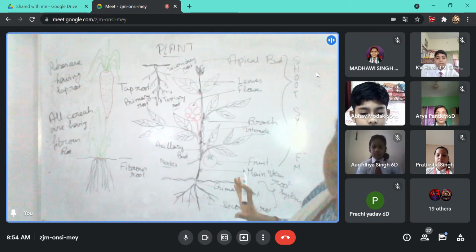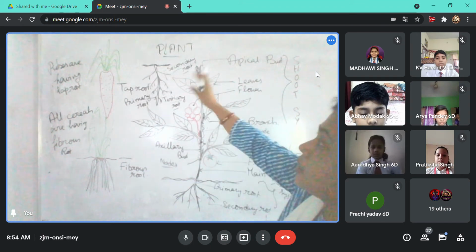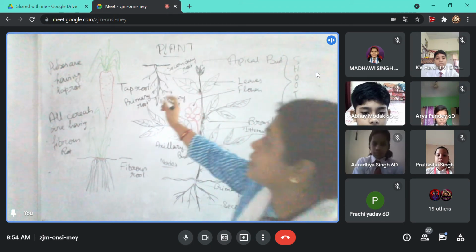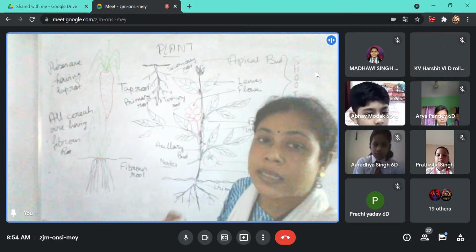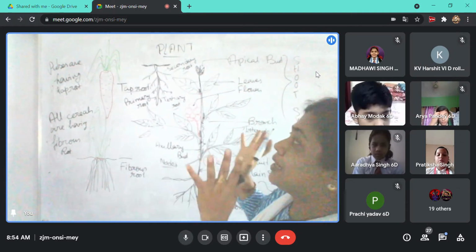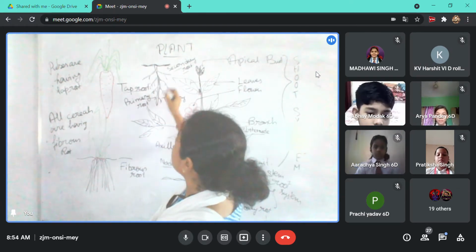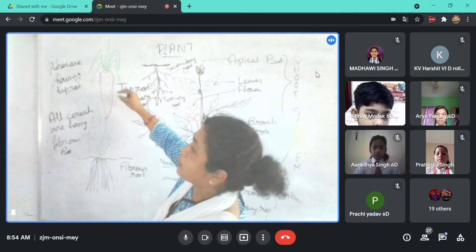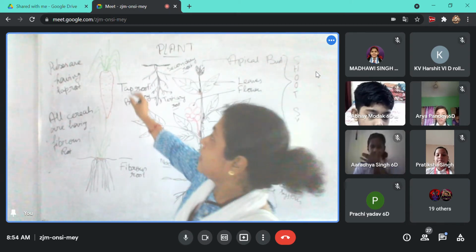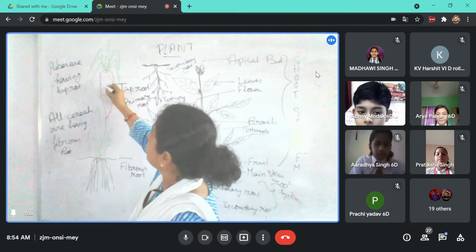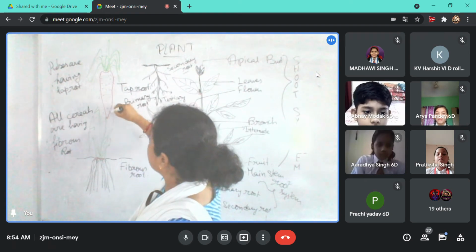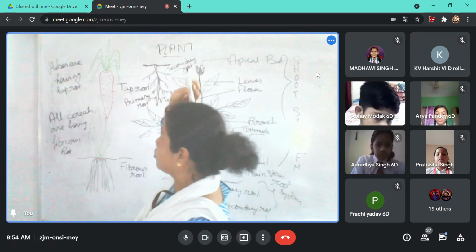But root system can be of a second type. This type of root system is known as tap root system. Okay, it is called tap root, where there is a main root. Here also, and you can see in case of carrot also that I have drawn, there is a main root, and from there the secondary and tertiary roots are coming out.